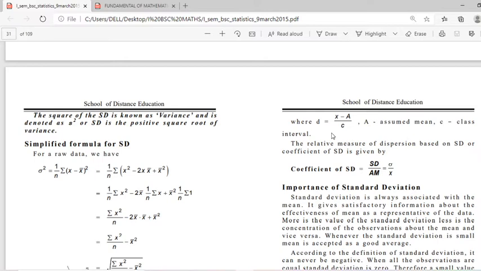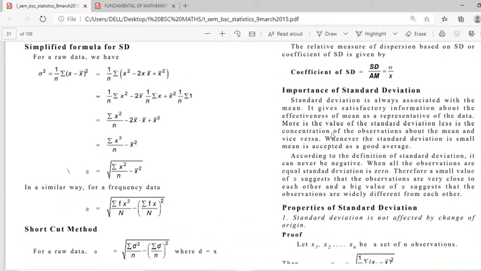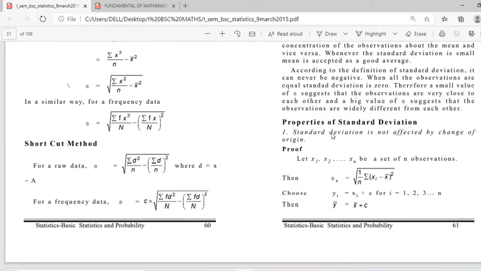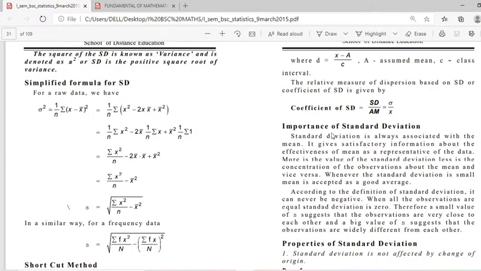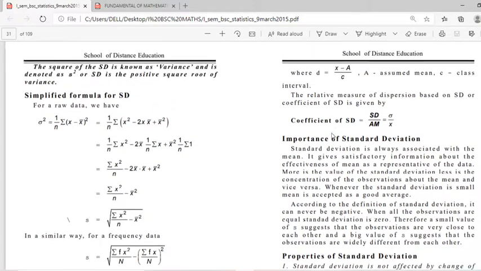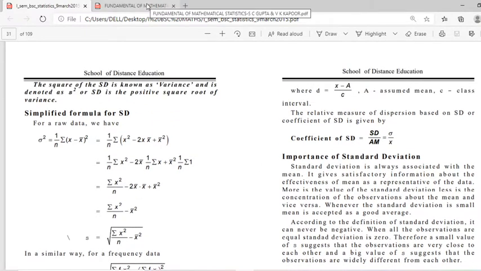So in that case, we can find the standard deviation, and it is not given here. I think it will be given in this book.